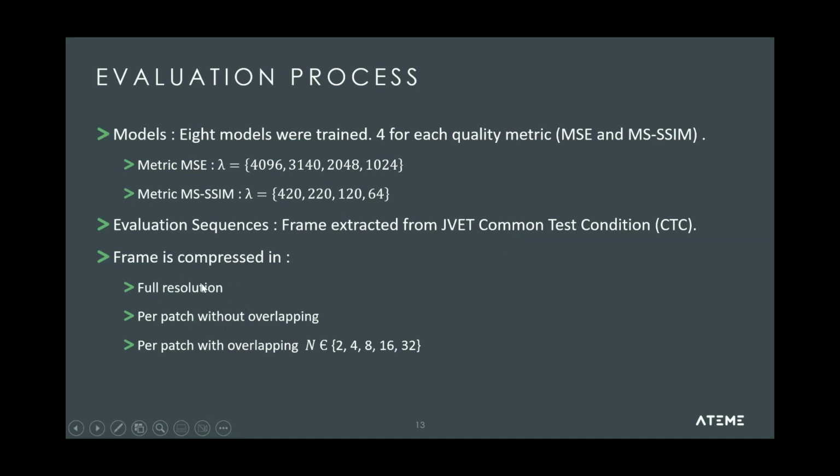So we compared our method, which is here the third point, the patch coding with overlapping, with the number of overlapping pixels going from 2 to 32. We compared this method with the patch coding without overlapping and with the full resolution coding, which means that we coded the whole image.